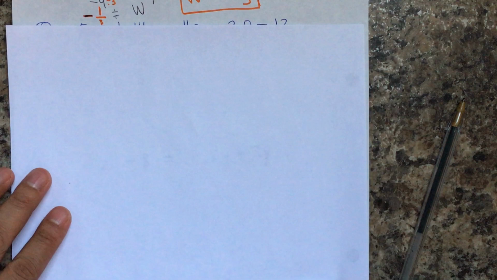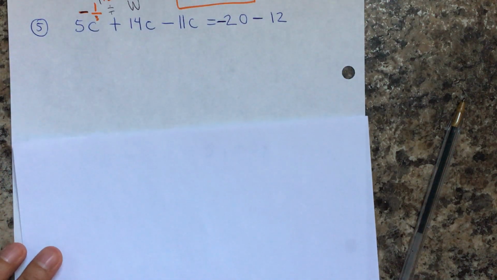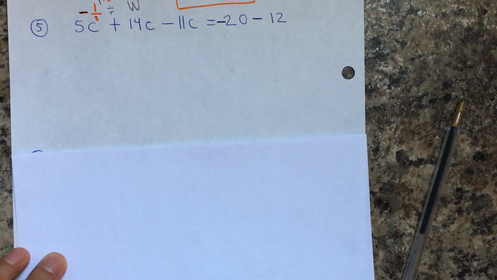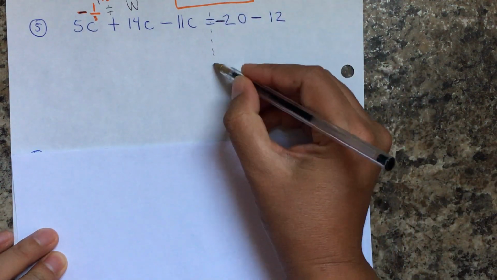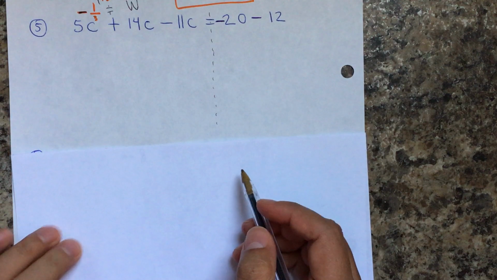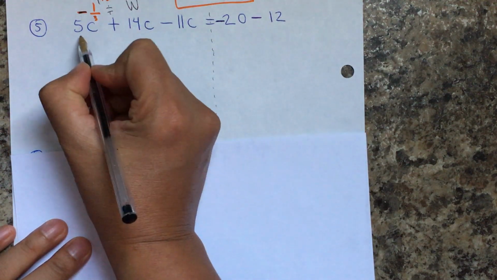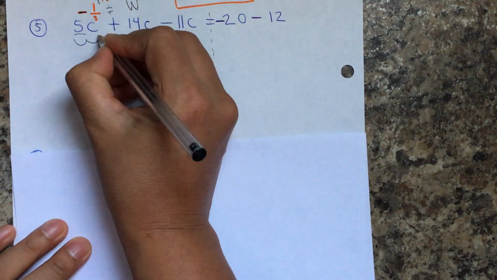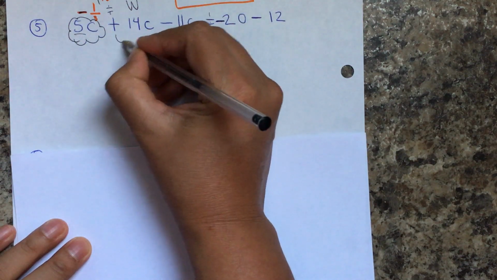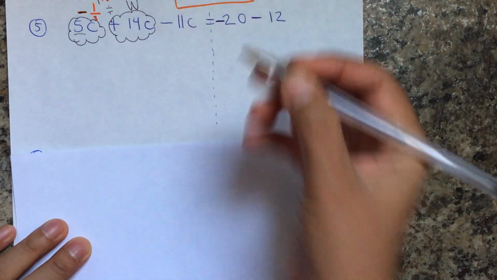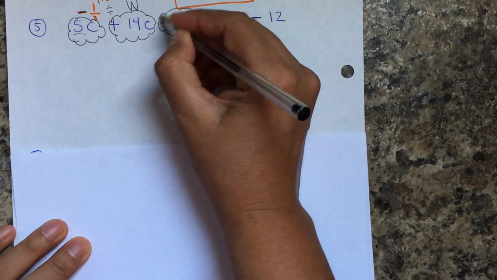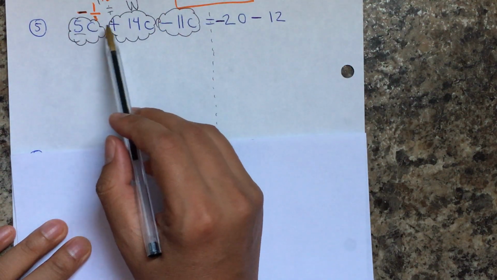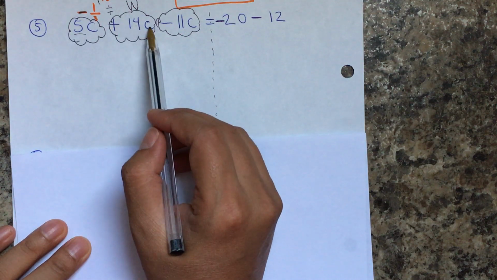Okay, let's look at another one. Okay, so again, we're going to divide this. And if we put this together, you can actually do it in your mind already. Okay, with practice, you get better and better and say, oh, this also has a C. So 5C plus 14C, that's 19C.